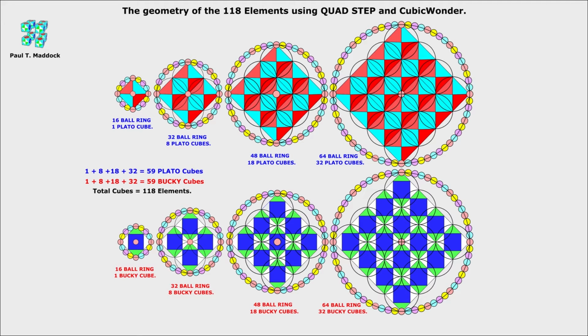And when we go to the next 16 cubes, actually it's 32 cubes. So it more or less falls in line with the periodic table. Between the two, the Bucky cubes and the Plato cubes, we have a total of 118 elements.